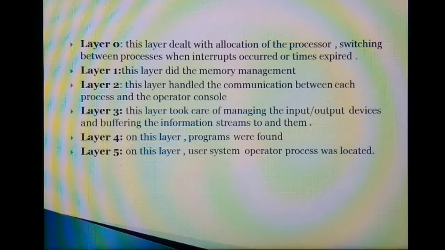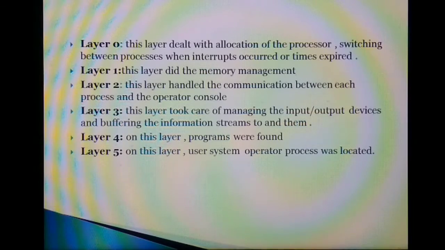Layer 0 dealt with allocation of the processor and switching between processes when an interrupt occurs or time expires. What happens here is that when multiple processes are running, an interrupt will occur, so the processor will switch between these processes.